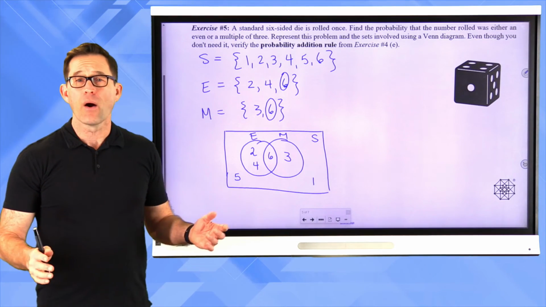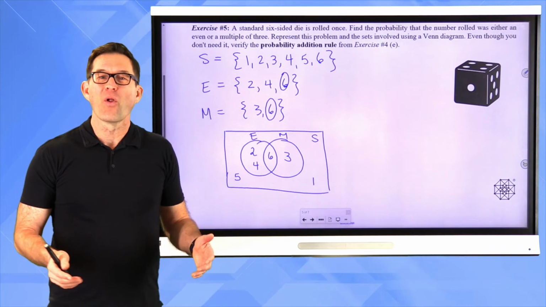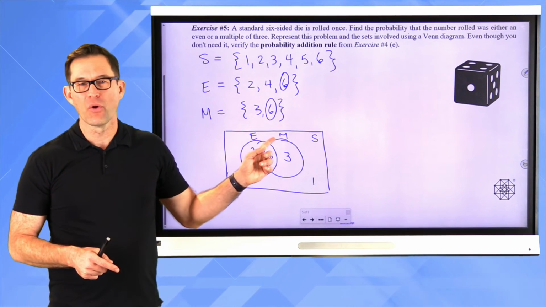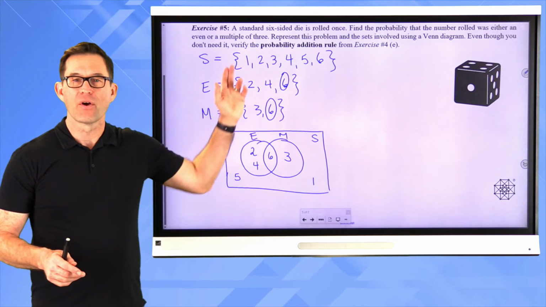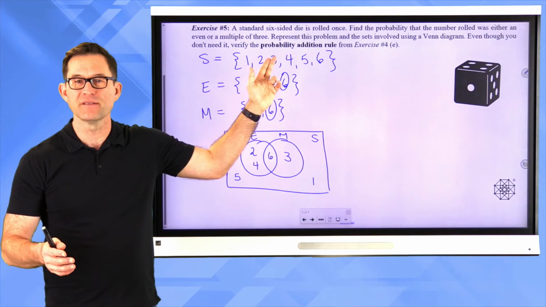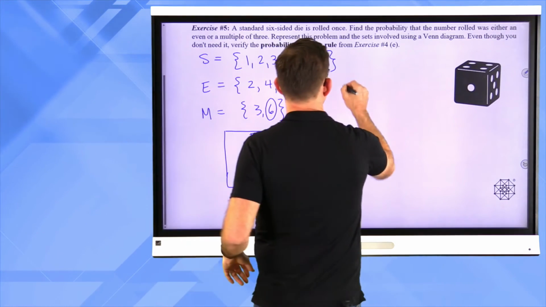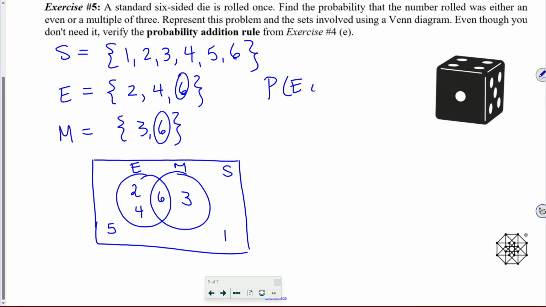Now, if I want to know the probability that I'm going to roll either an even or a multiple of 3, well, there are 6 total outcomes in my experiment, right? That's my sample space. 4 of them lie in here. So the probability of even or m is going to be 4/6.